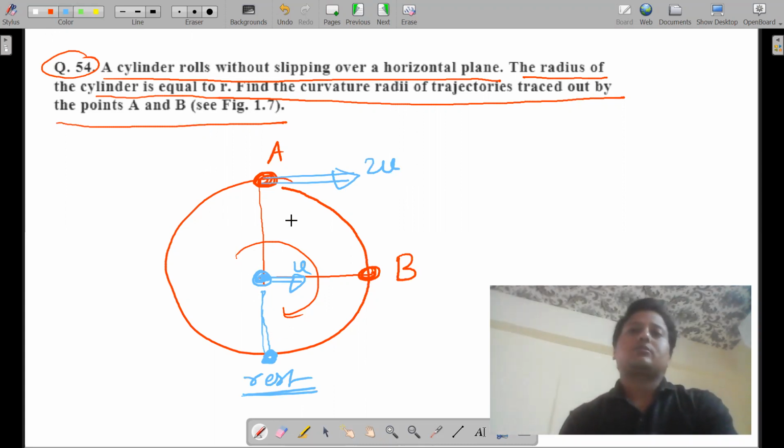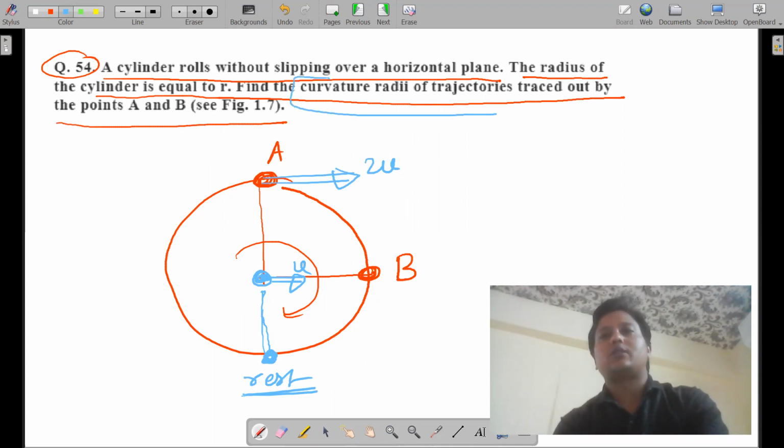And so how can we calculate the curvature radii of the trajectory?